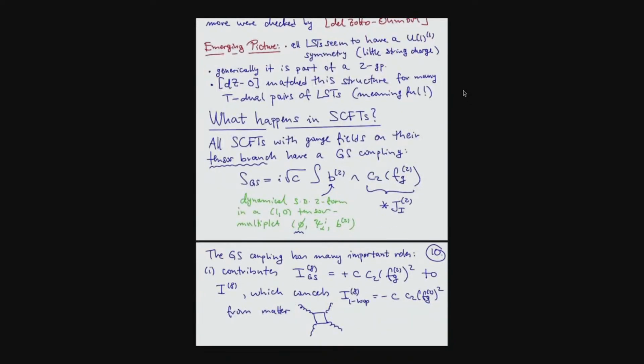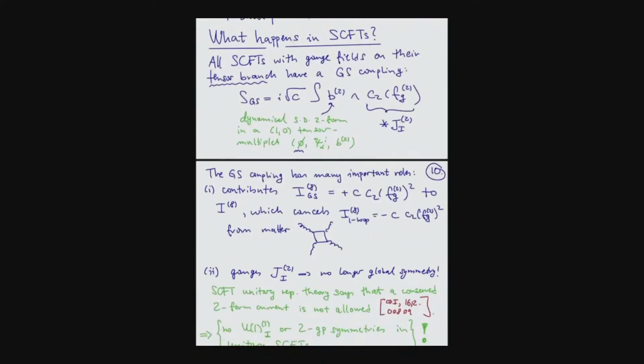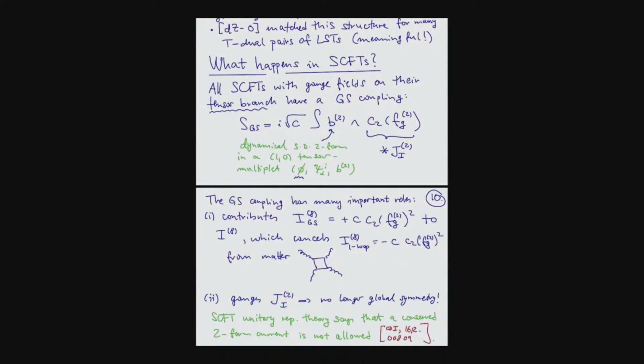Okay, so what happens in superconformal field theories? Well, there's a few things that necessarily happen in superconformal theories that did not happen in the example that we discussed before. And that's going to make a lot of difference. So it's true, and I reminded you in the beginning, that many interesting superconformal field theories on their tensor branch have non-abelian gauge fields.